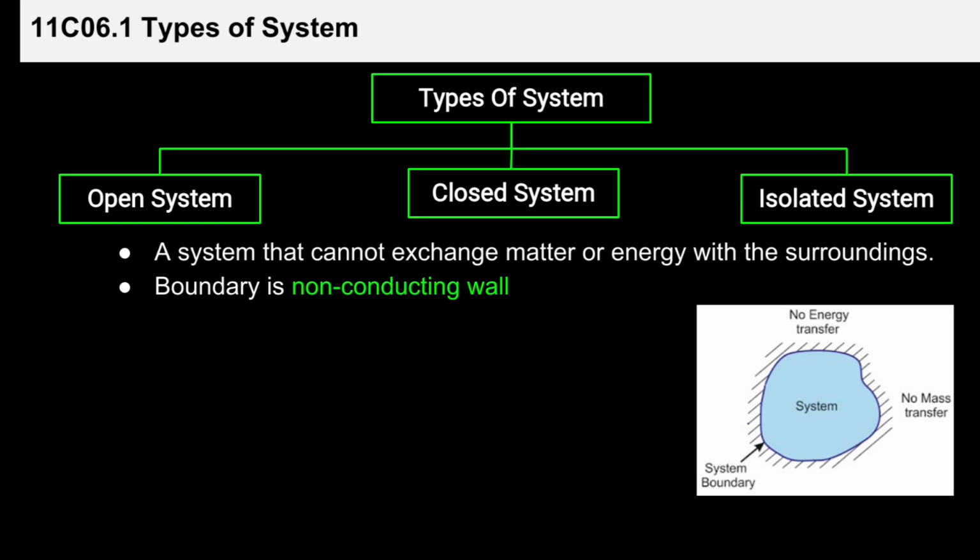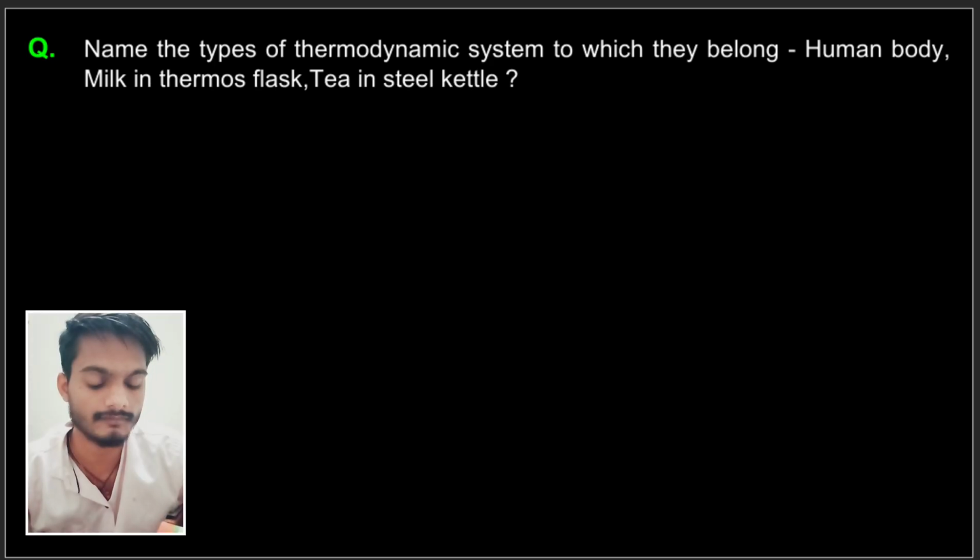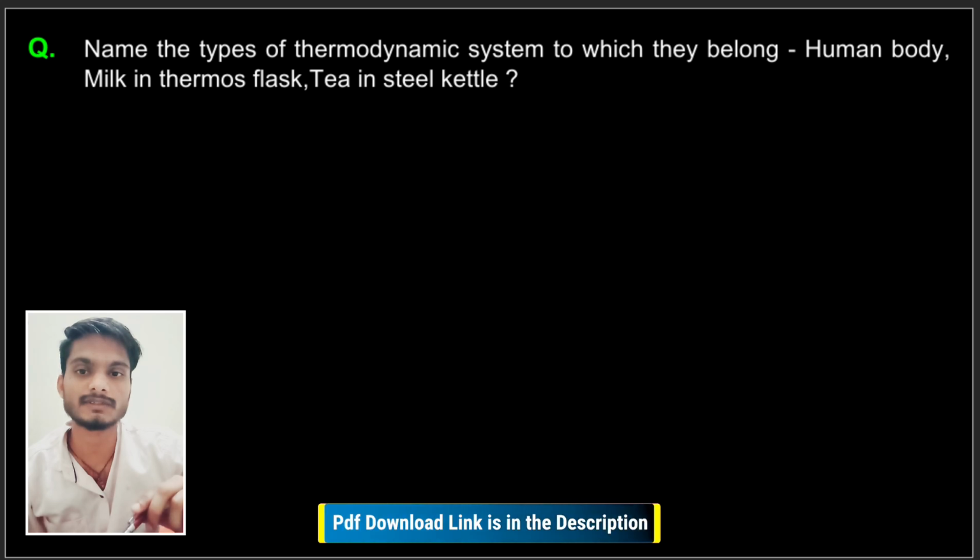For example, a thermos is the perfect example of an isolated system. We generally see in our daily life, if we put hot water or tea in a thermos, it remains hot for some hours. So now you give the answer to this question. If your answer is correct, I'll give you a heart on your comment.